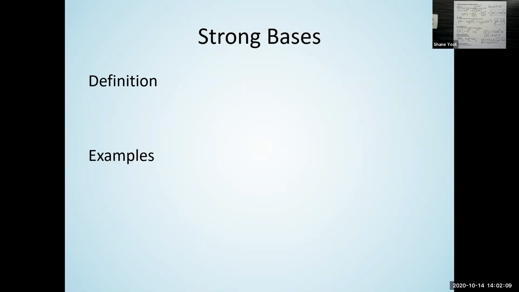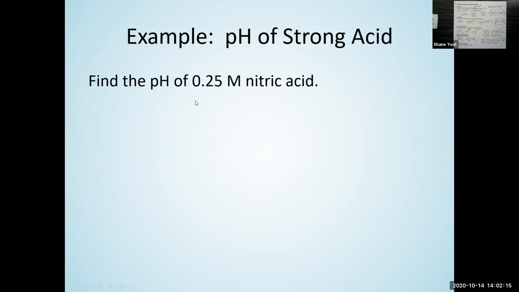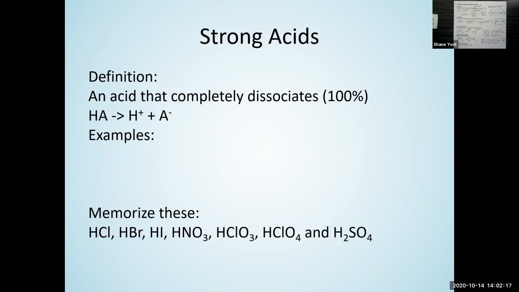So we left off last time talking about our strong acids. We talked about how strong acids completely dissociate to produce protons and some anion, some spectator ion in solution.